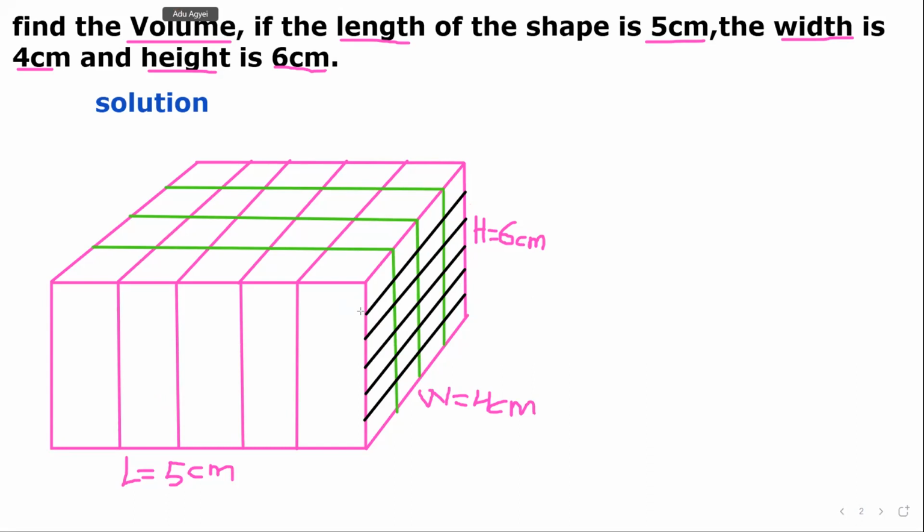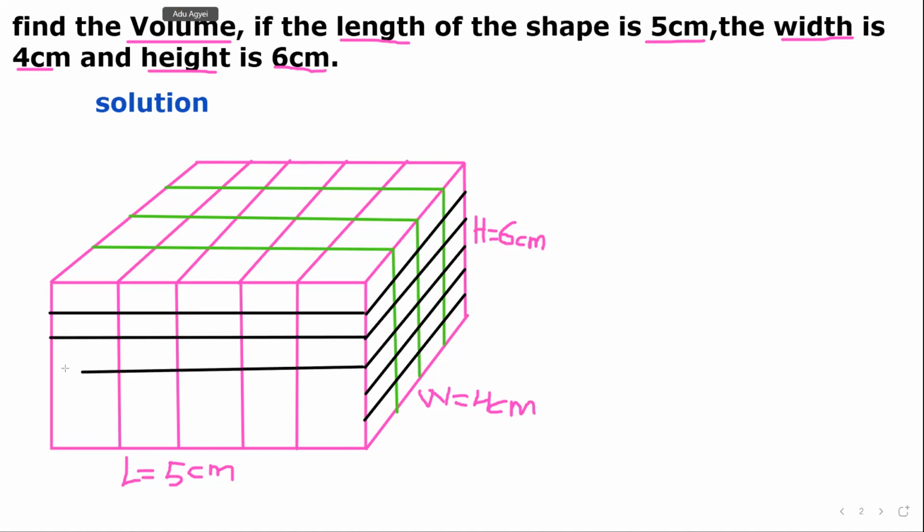Now you extend this one to this side. Okay. And then you extend this one to this side, and then you extend this one to this side too. You extend this one to this side.